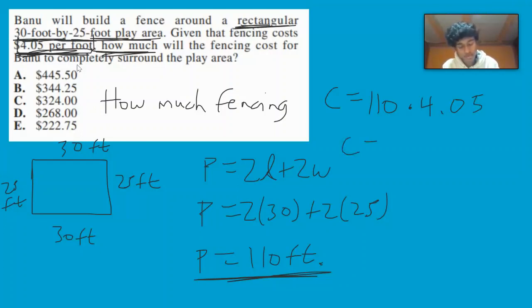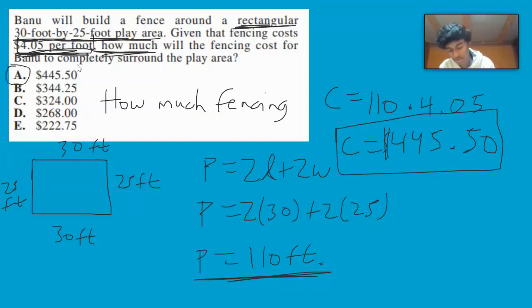So we get a total cost of $445.50. This is our total cost to completely surround the play area.